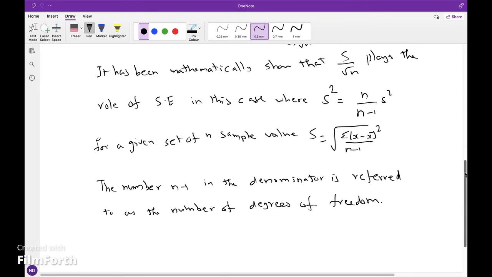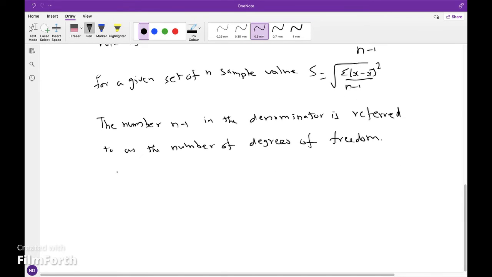Uses of the t-test. This statistic is used in the following situations.